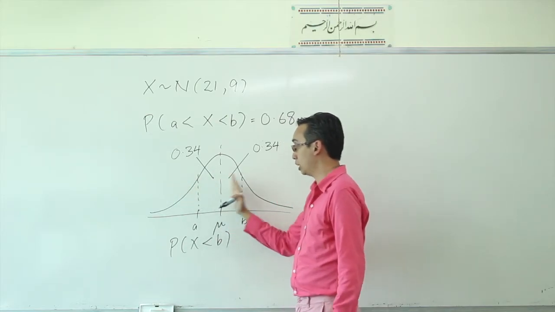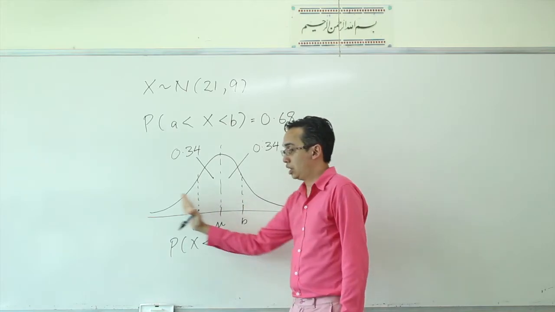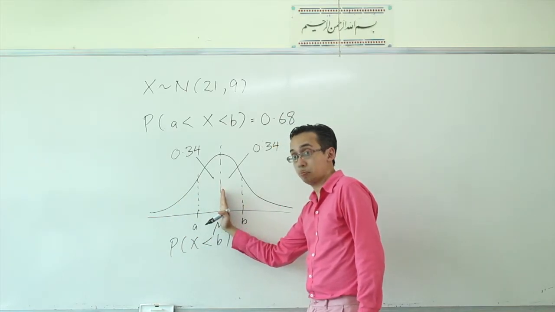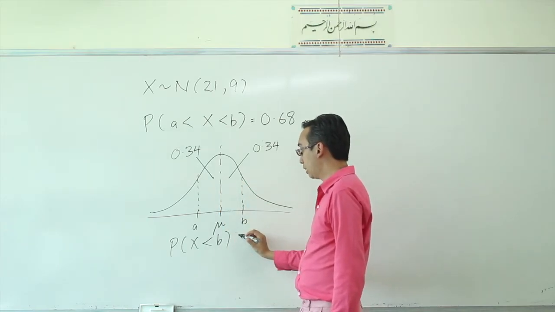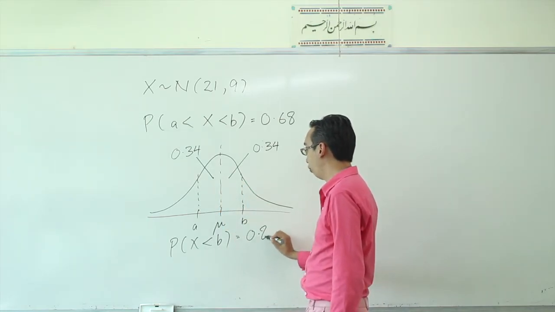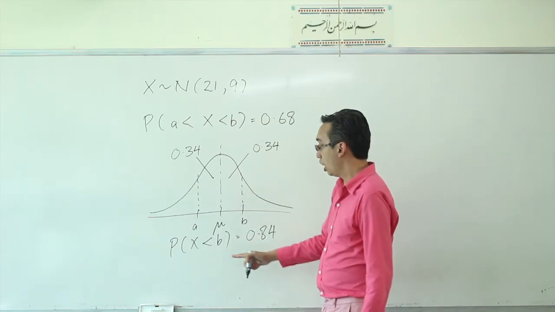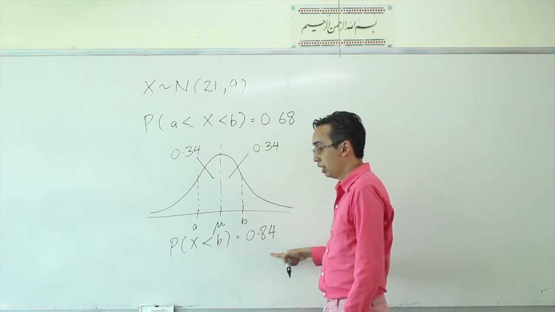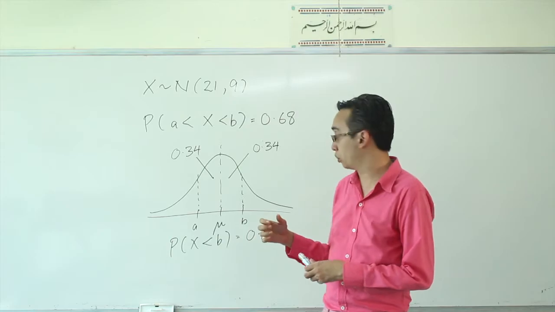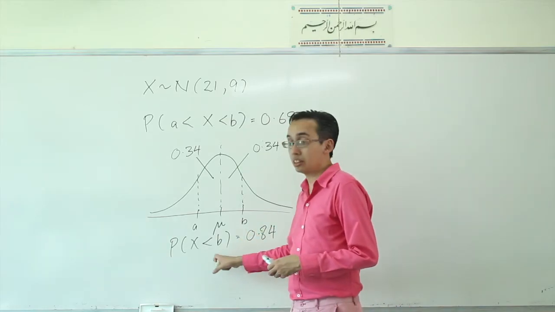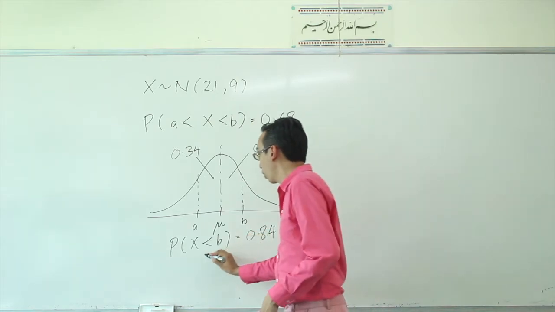So probability x less than b will be half under here, up to the mean, plus another 0.34. So x less than b is 0.84, which is 0.5 plus 0.34. When you get this, it goes back to your question 1, whereby you're supposed to inverse norm and get the value of b. In this case they say that b is 24.